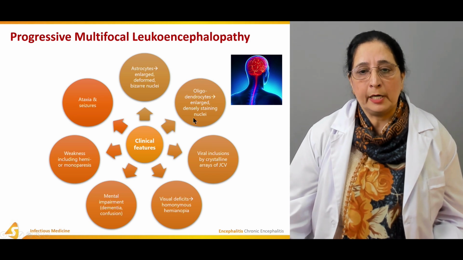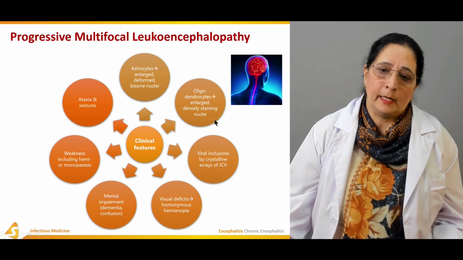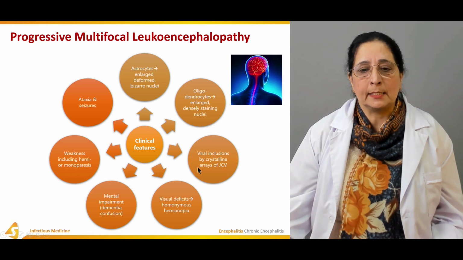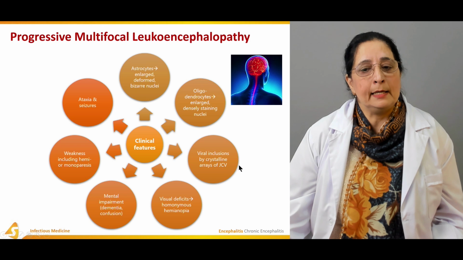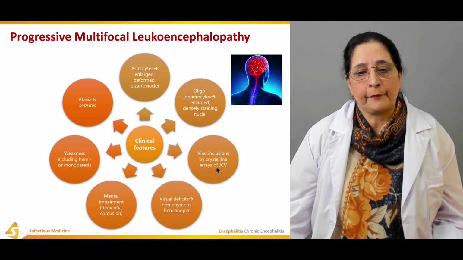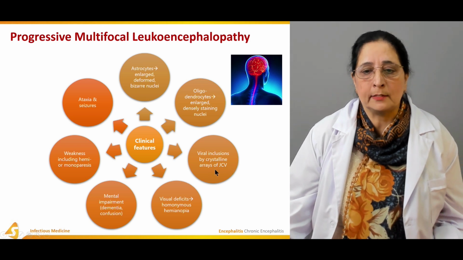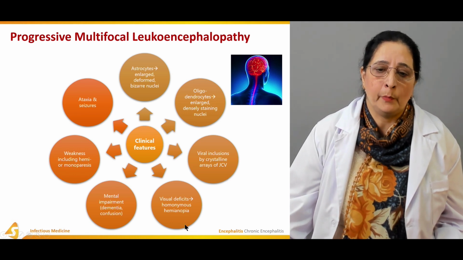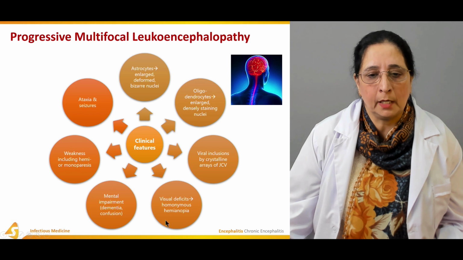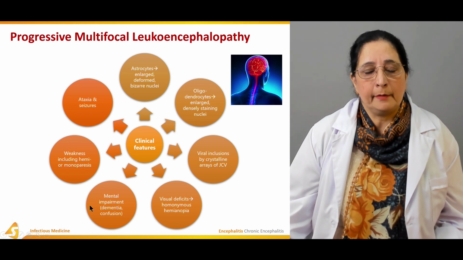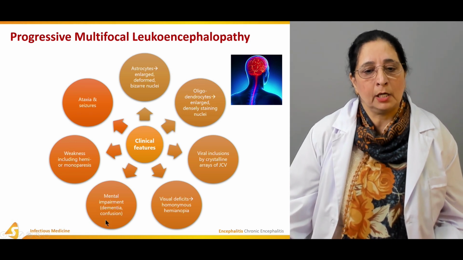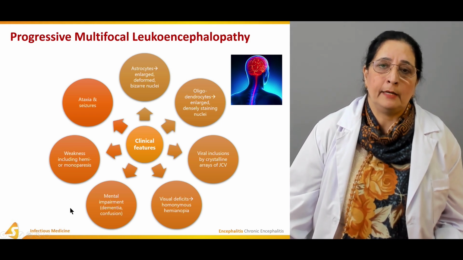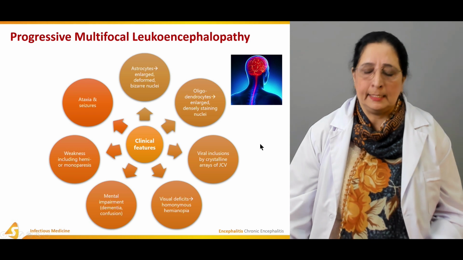The oligodendrocytes become enlarged, with densely staining nuclei. Then we have viral inclusions by crystalline arrays of JCV, visual deficits, homonymous hemianopia, mental impairment like dementia, confusion, weakness, and then ataxia and seizures.